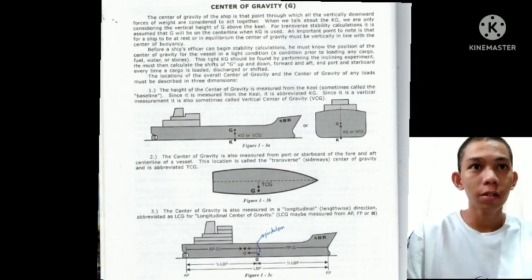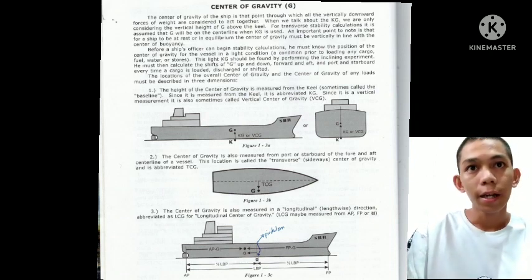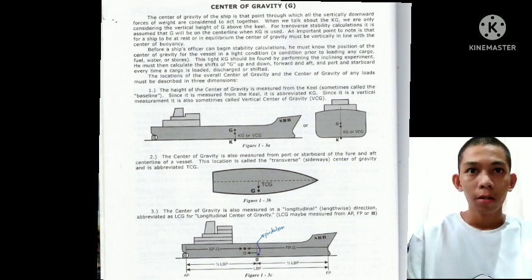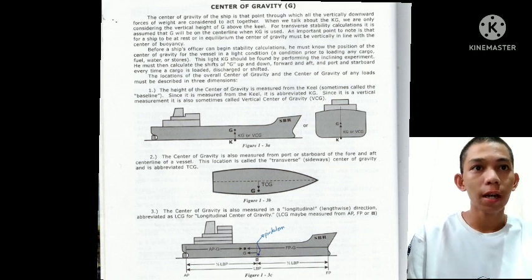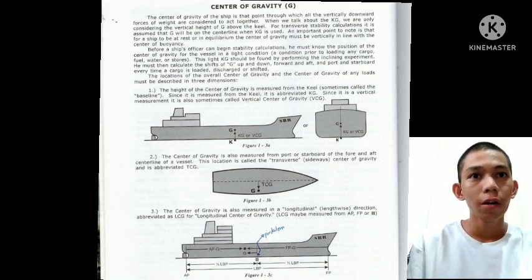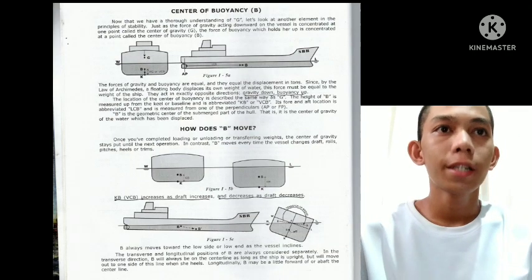This location is called the transverse center of gravity and abbreviated TCG. Number 3, the center of gravity is also measured in a longitudinal, lengthwise direction, abbreviated as LCG or longitudinal center of gravity.